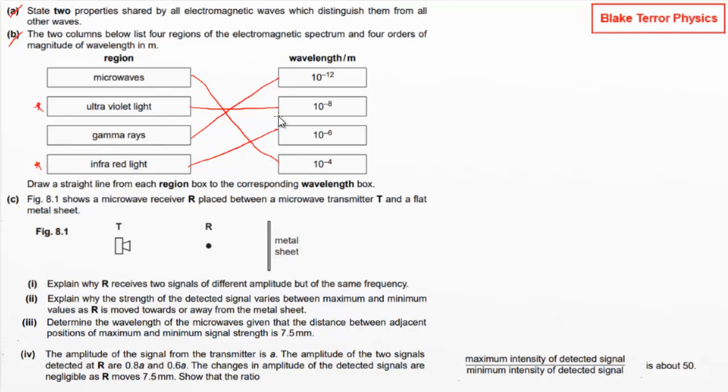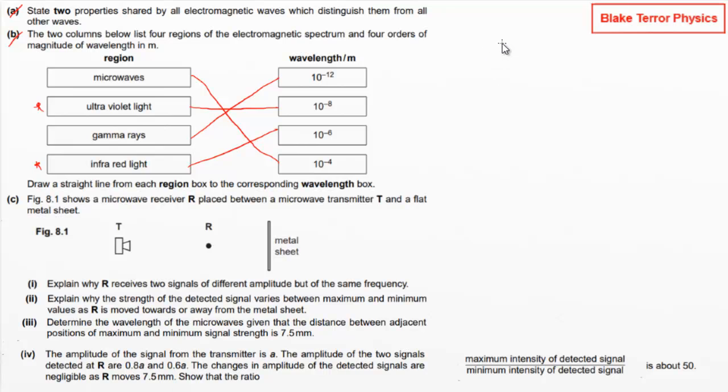Right, part C, this looks like we're back onto standing waves again. Figure 8.1 shows a microwave receiver R placed between the microwave transmitter T and a flat metal sheet. Explain why R receives 2 signals of different amplitudes but of the same frequency. They've started with something slightly different.